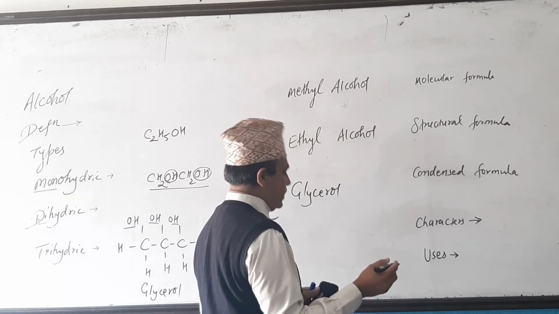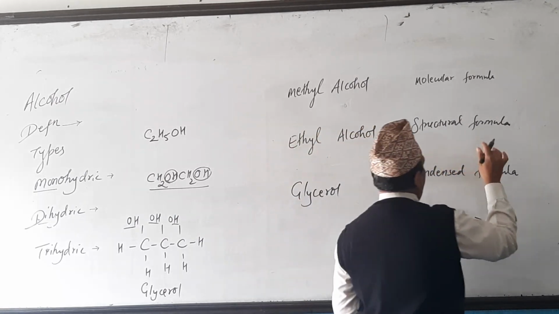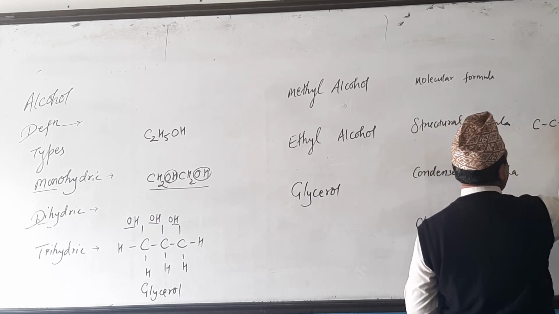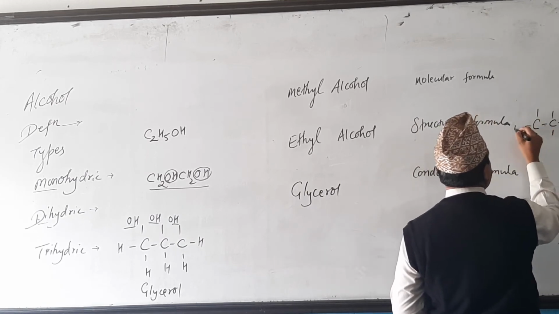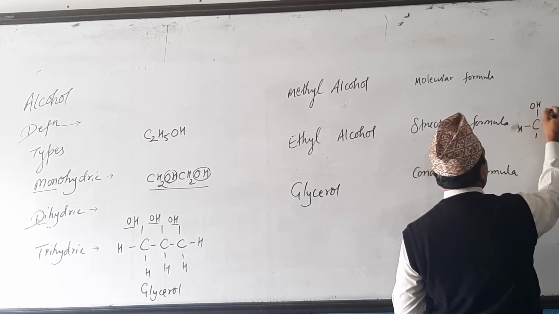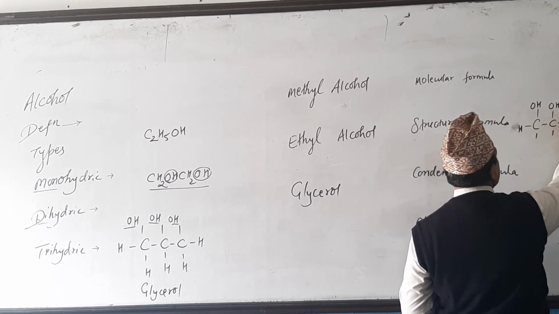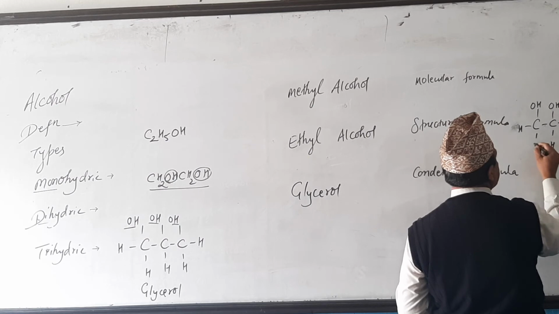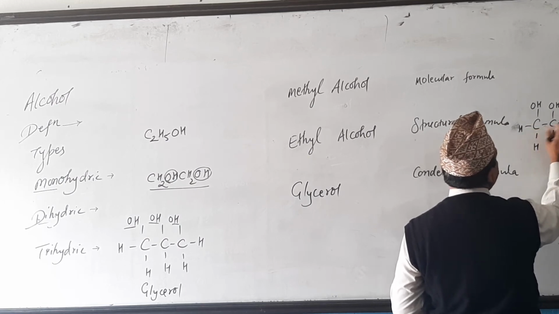Okay. So students, now the last member of alcohol family that we are studying in grade 10 is glycerol. Glycerol is also called glycerin. Its structural formula I will write at first. Actually, it is obtained from propane, and it is trihydric alcohol. How many carbons are here?